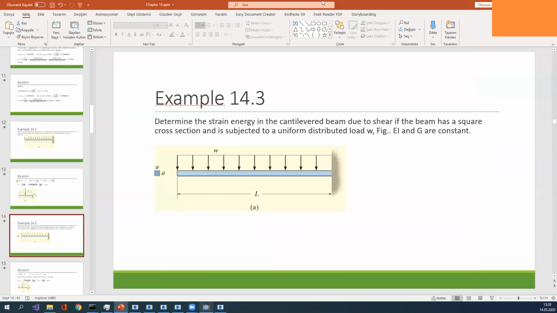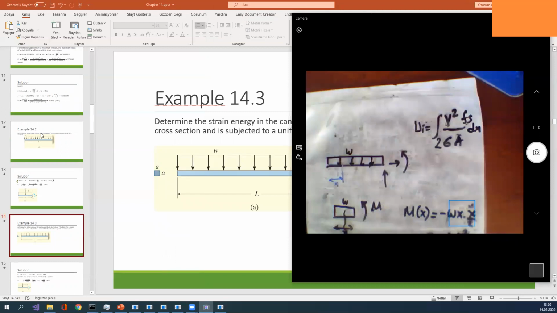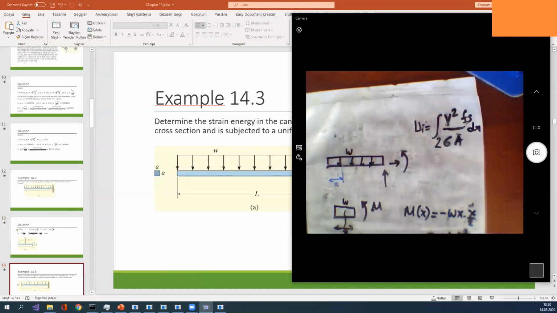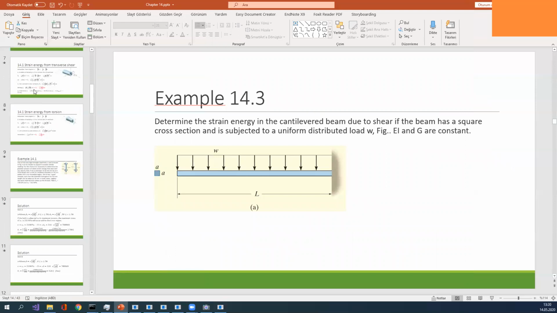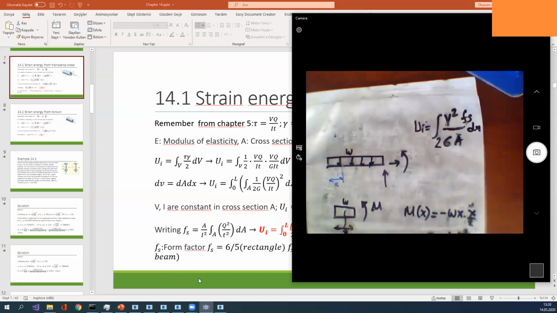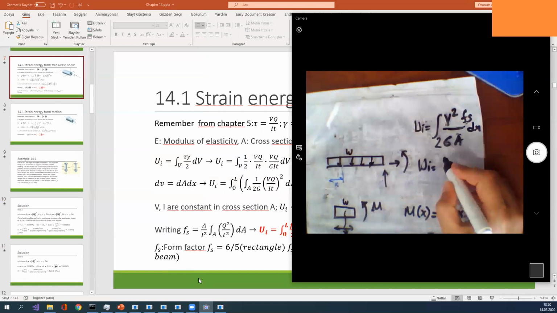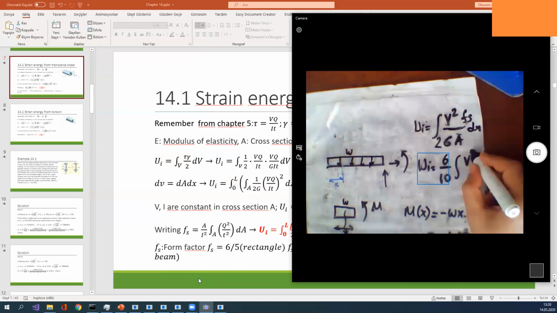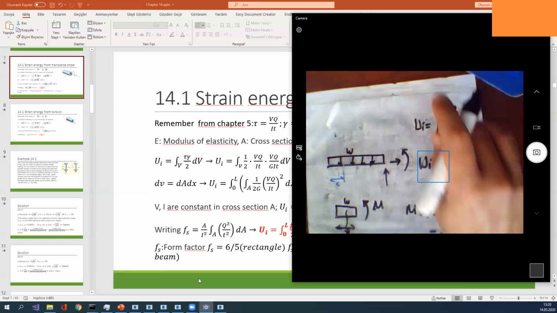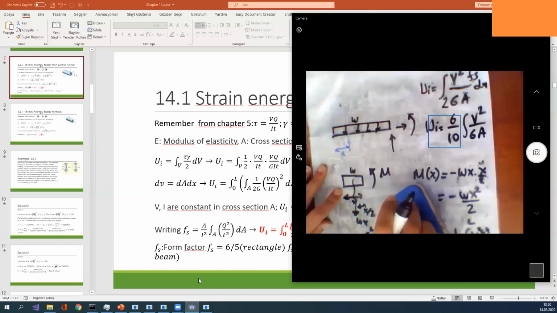We are wondering what the meaning of Fs is. We have a rectangular shape, and for a rectangular shape you remember Fs is equal to 6 divided by 5. Therefore, in Ui in this combination, 6 divided by 10 integration of V squared over GA. So we only need to find the shear force.